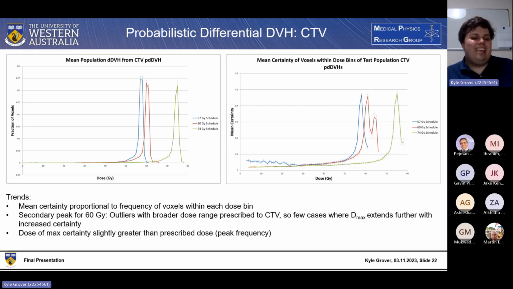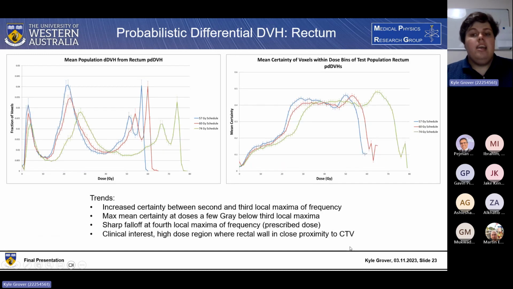But one of the important things I can mention is that the dose of max certainty ends up being slightly greater than the actual prescribed dose, which maps to the peak frequency of the 57, 60, and 74 gray schedules here. In terms of the rectum, we find an increased mean certainty across the dose bins between the second and third maximum frequency of the plots on the left.